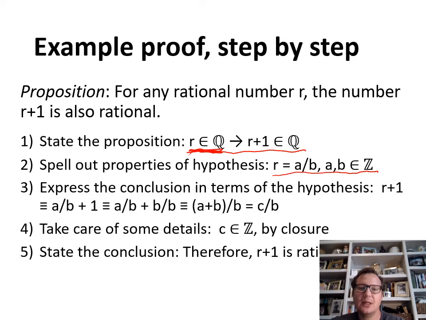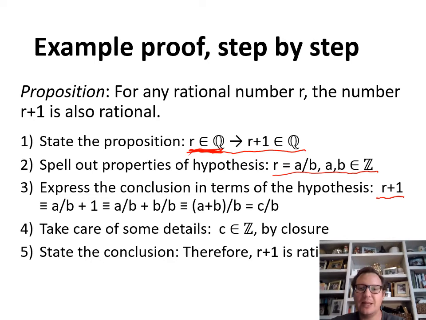Great. So now we should try to express the conclusion in terms of the hypothesis and its properties. So in the conclusion, we have this expression r + 1, and we want to prove that that's rational as well.